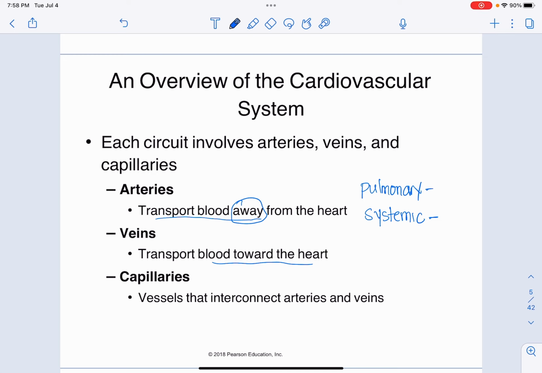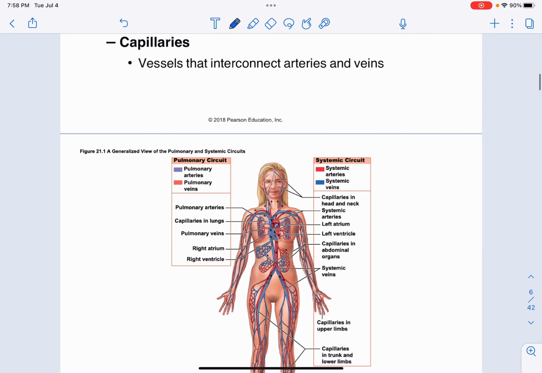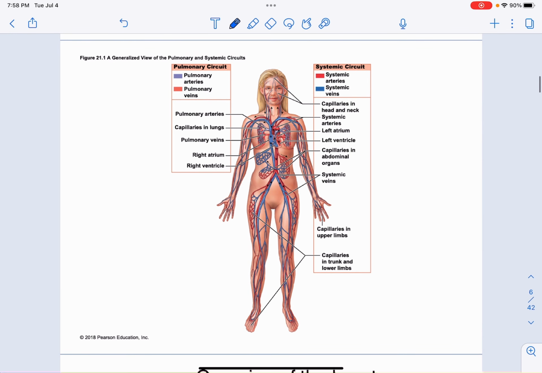But capillaries are where all of the exchange of nutrients or gases occurs. So that's what's happening in the capillaries. All right, this next slide demonstrates the differences between the systemic circuit and the pulmonary circuit.